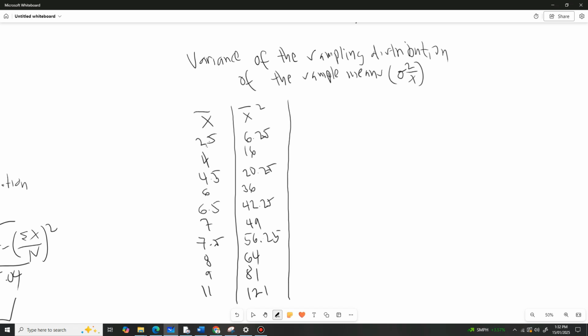Okay, we will add another column for p of x bar. Same as above, the probability is 1 over 10, or 0.1. Why is it all 1 over 10? Because none of these are the same as each other. So they are unique, so there is only one for every 10.